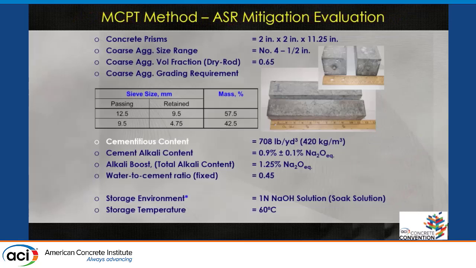In the mitigation version of this test, used to evaluate ASR mitigation measures, everything is essentially the same. The cementitious content remains the same, but now the binder is a blend of Portland cement plus whatever pozzolans you end up using. So this is the standard test to evaluate these things.